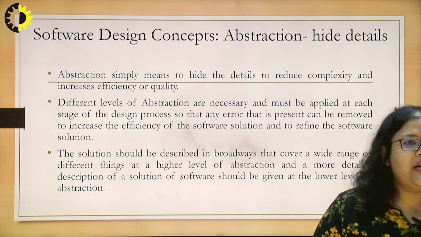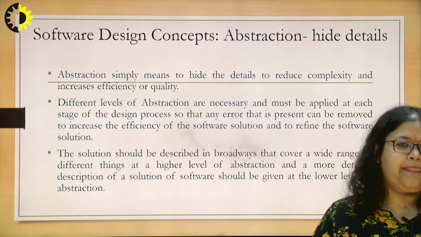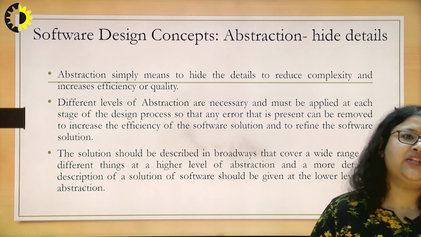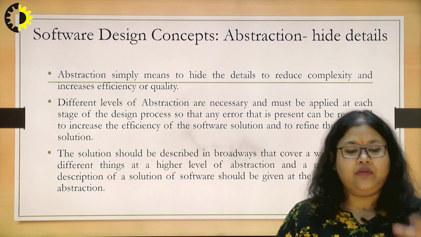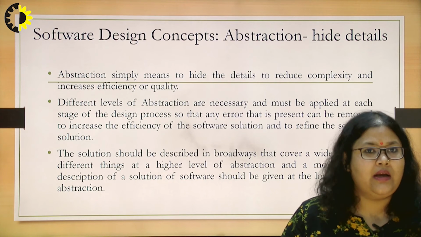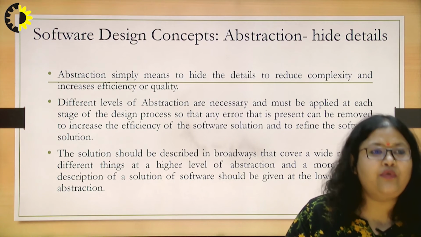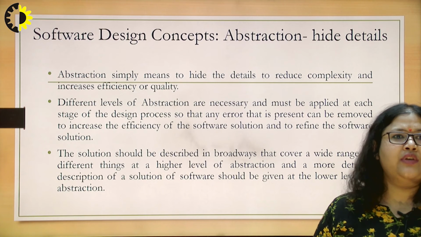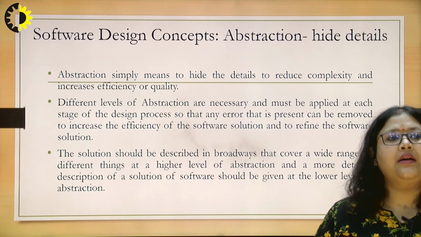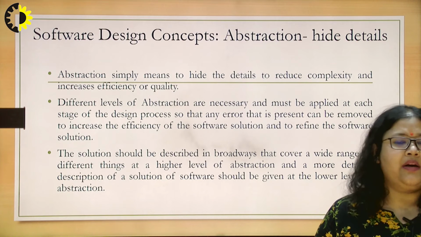Different levels of abstraction are necessary and must be applied at each level of the software design, so that each phase of the software design is error free, we can easily remove the errors from these phases, and we increase the efficiency of the software and refine the solutions of that particular problem.